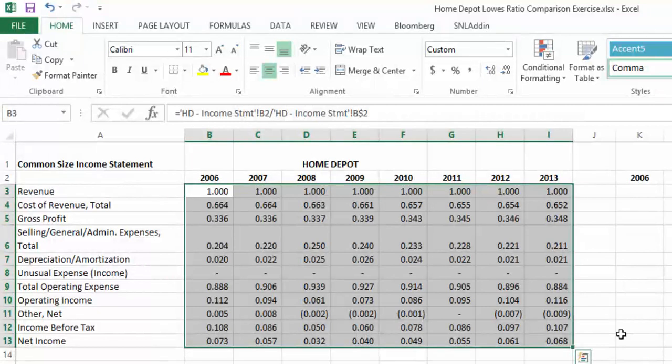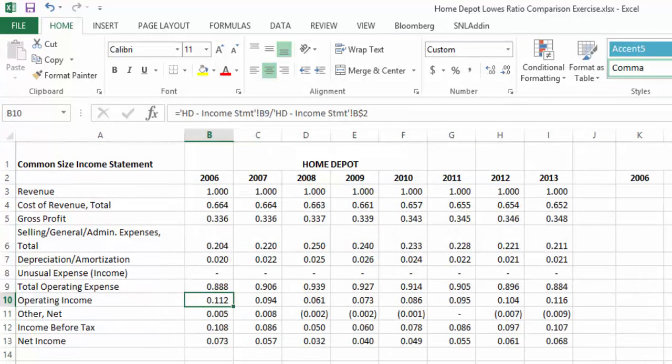That's frequently how common size numbers will show up. So the operating income, for instance, in 2006, the common size number for operating income might be reported as 11.2. And the interpretation is always that that's a percentage. It's 11.2% of sales. So that's the common size income statement.